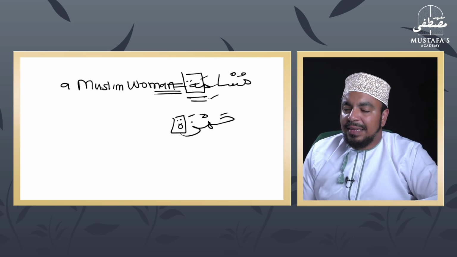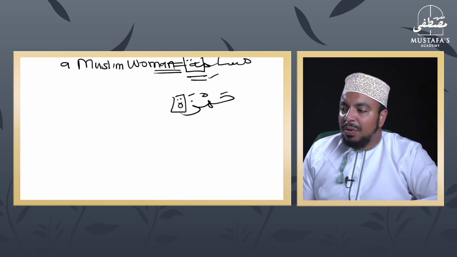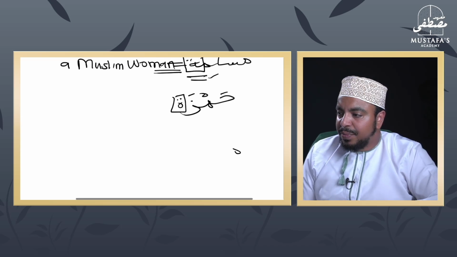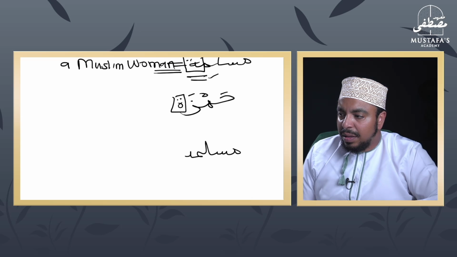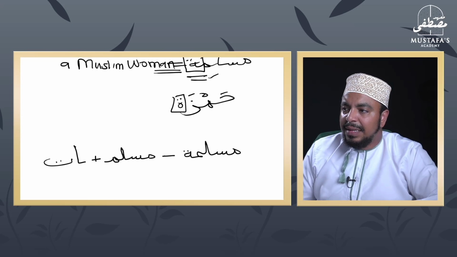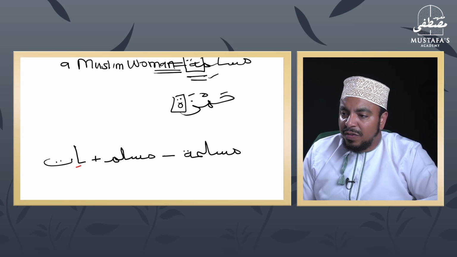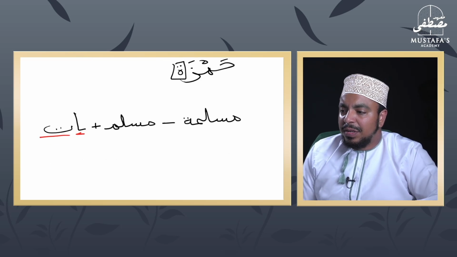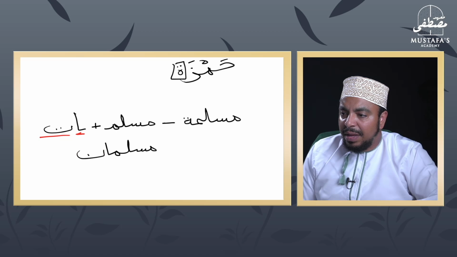And when it ends like this, such as Muslim, Muslimah, you notice that the plural of Muslimah is Muslim plus alif and ta at the end. These two, which make it become what? Muslimatin or Muslimatun.